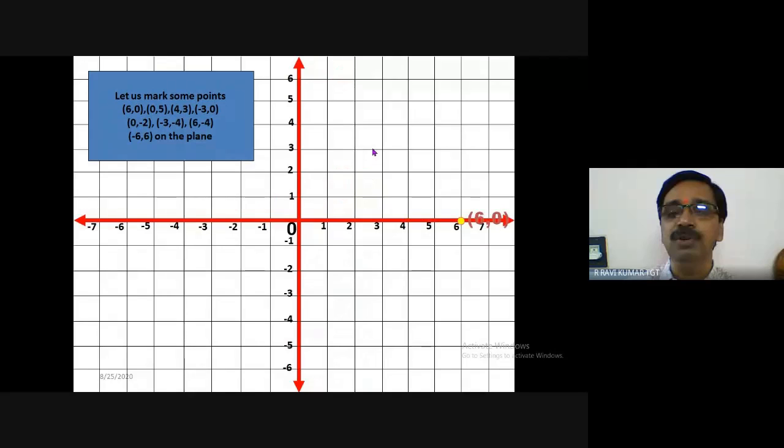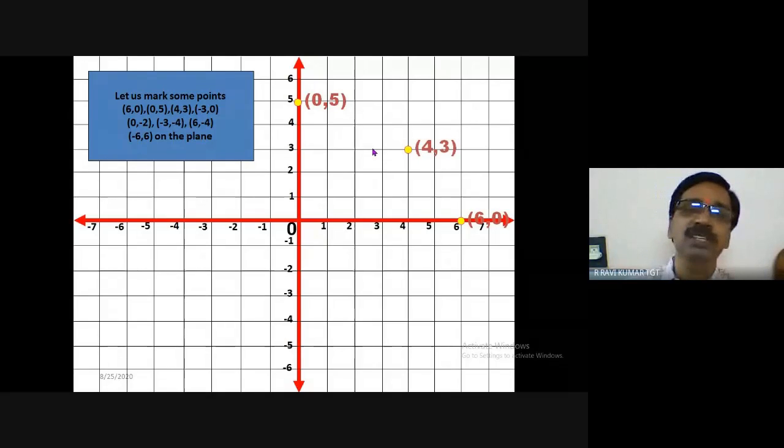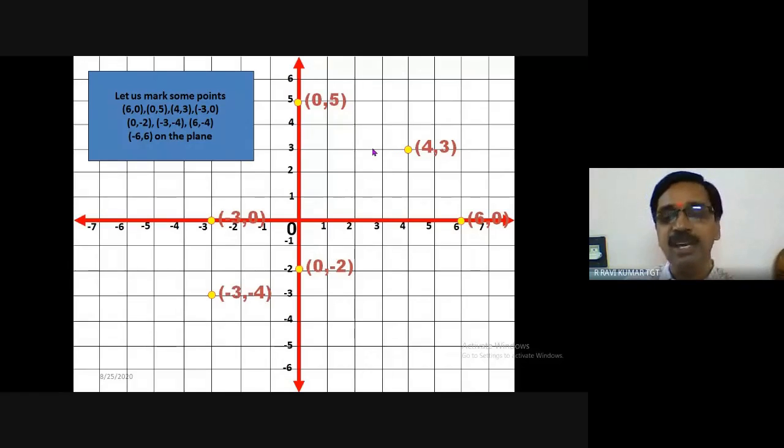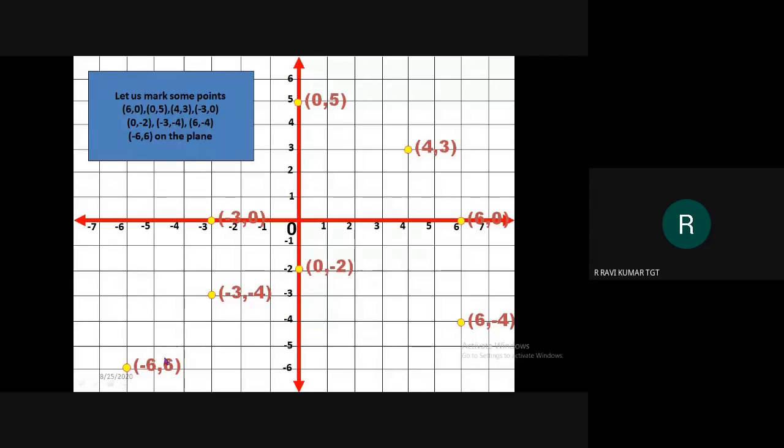Now some more points we are marking. (6, 0). (0, 5) comes on the y-axis. (4, 3) in the first quadrant. (-3, 0) on the x-axis again. (0, -2) on the y-axis. (-3, -4) in the third quadrant. (4, -4) in the fourth quadrant. (-6, -6) should be here.